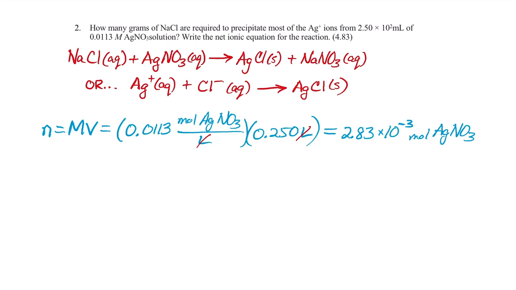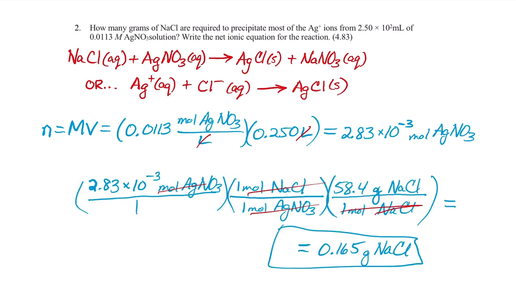We will again use n equals MV to determine the number of moles of silver nitrate that were in the solution. So I have the molarity of the solution times the amount in liters, and that gives me the number of moles of silver nitrate, 2.83 times 10 to the minus 3rd.